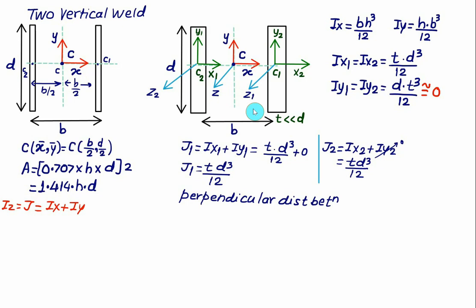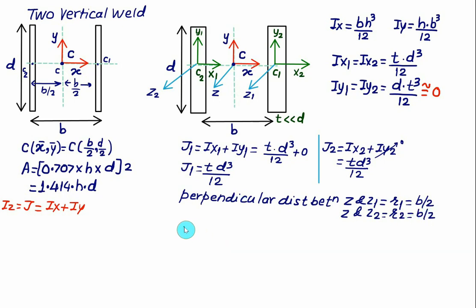So the perpendicular distance between Z and Z1, which we call R1, is B by 2. Similarly, the perpendicular distance between Z and Z2, which we call R2, is again B by 2.